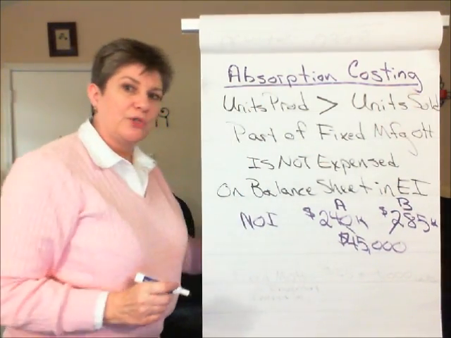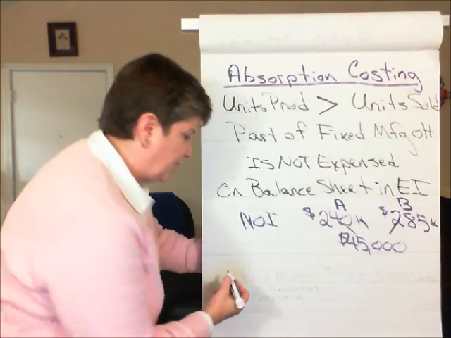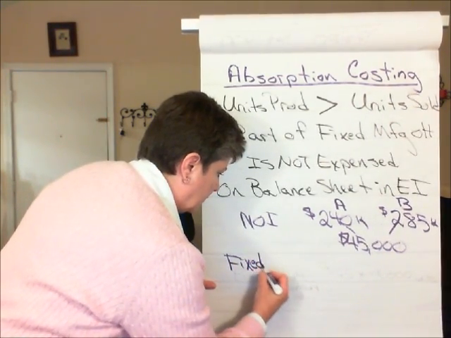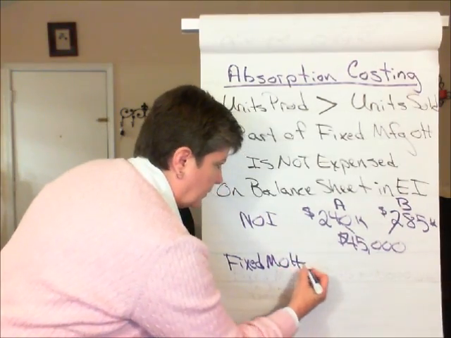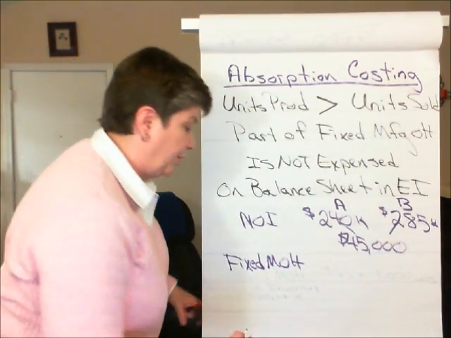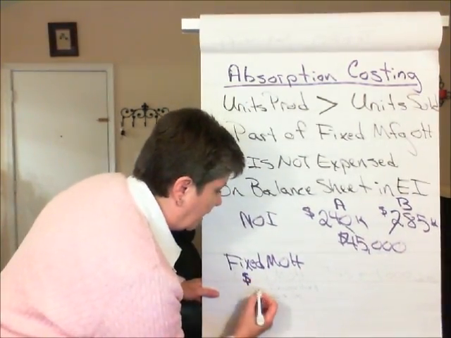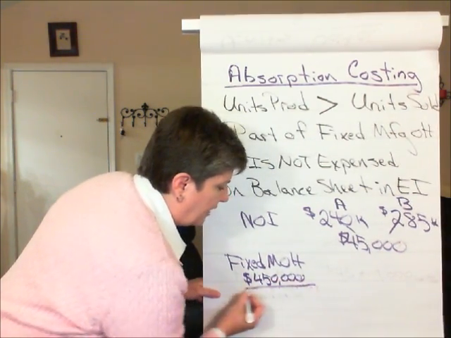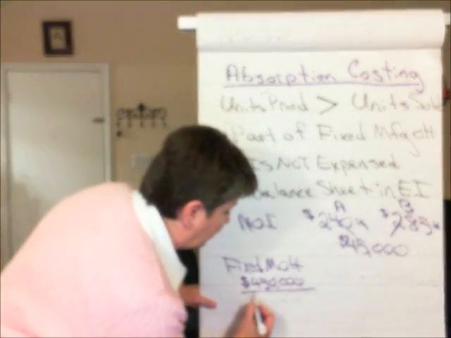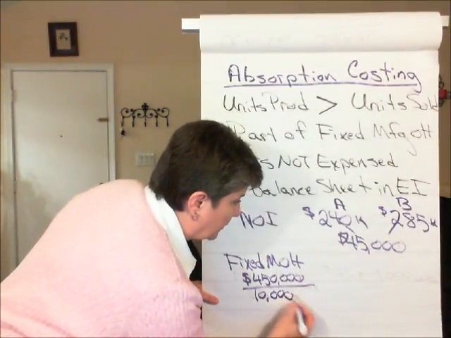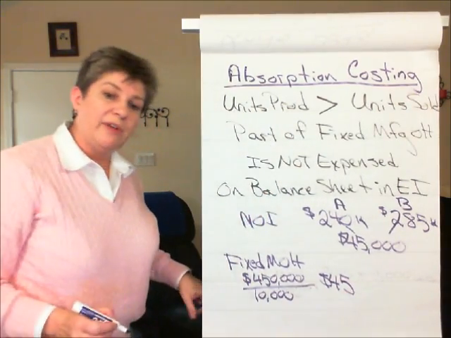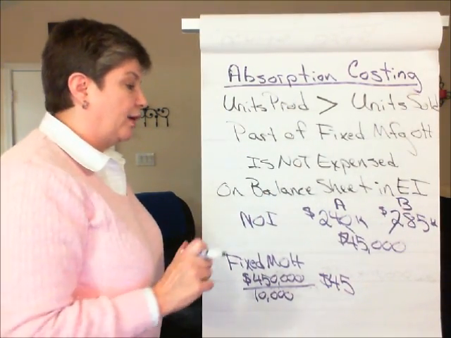Now, let's look at the fixed manufacturing overhead in scenario B, the period in which we produced more units than were sold. If you recall, the fixed manufacturing overhead was $45 per unit. That was the 450,000 divided by the 10,000 units produced. So $45 per unit was the fixed manufacturing overhead.